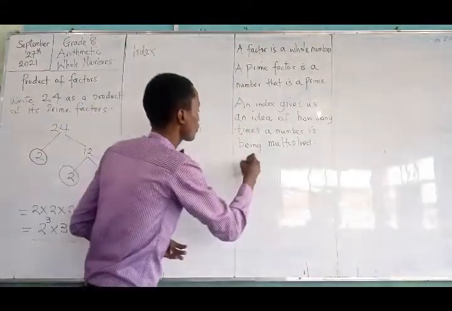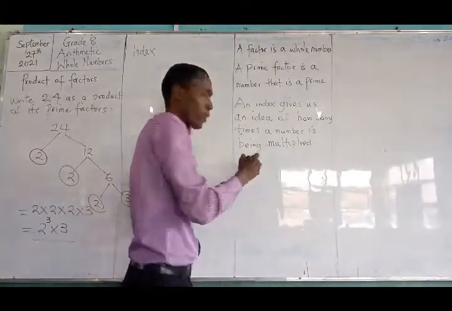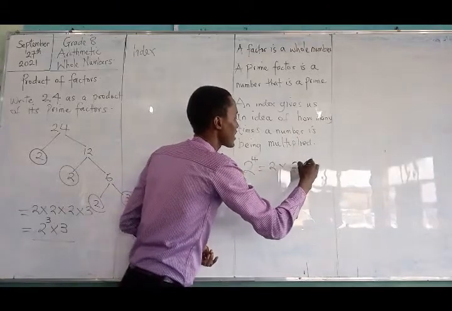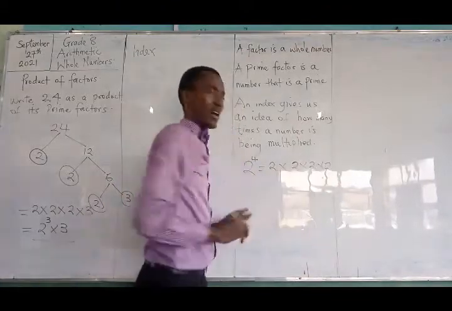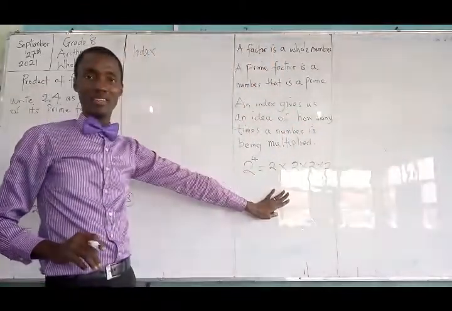So if I have 2 index written like this, 2 index 4, it will mean that 2 is multiplied how many times? 4 times. So that takes care of this idea.